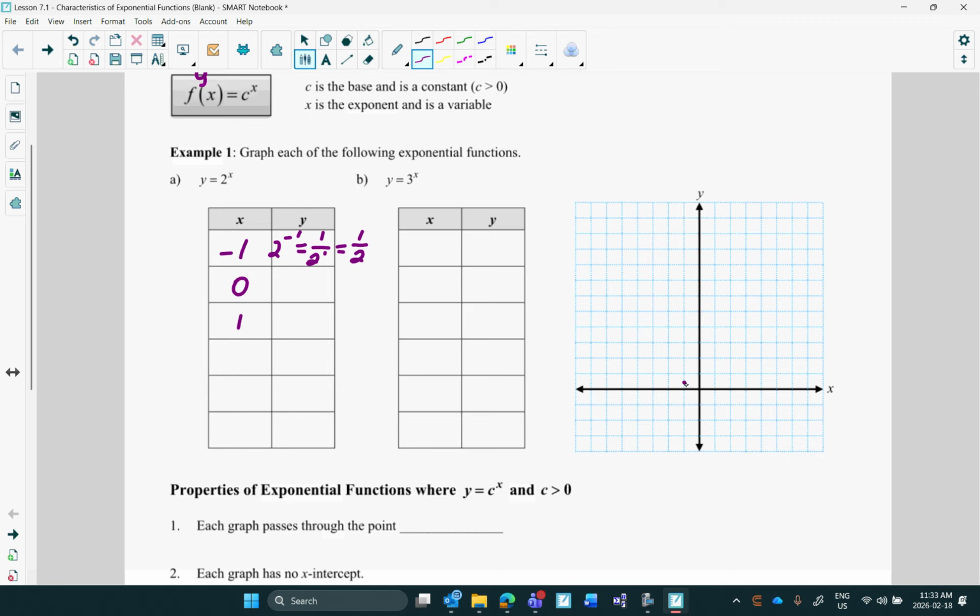How about that? What's 2 to the 0? 1. Anything to the 0 is always 1. And what's 2 to the 1? 2.